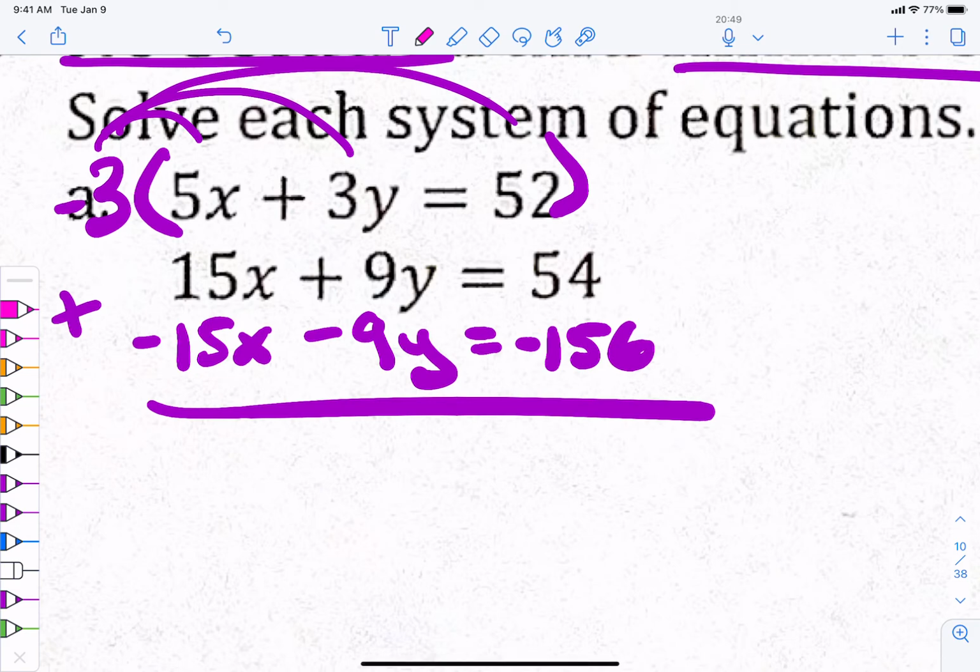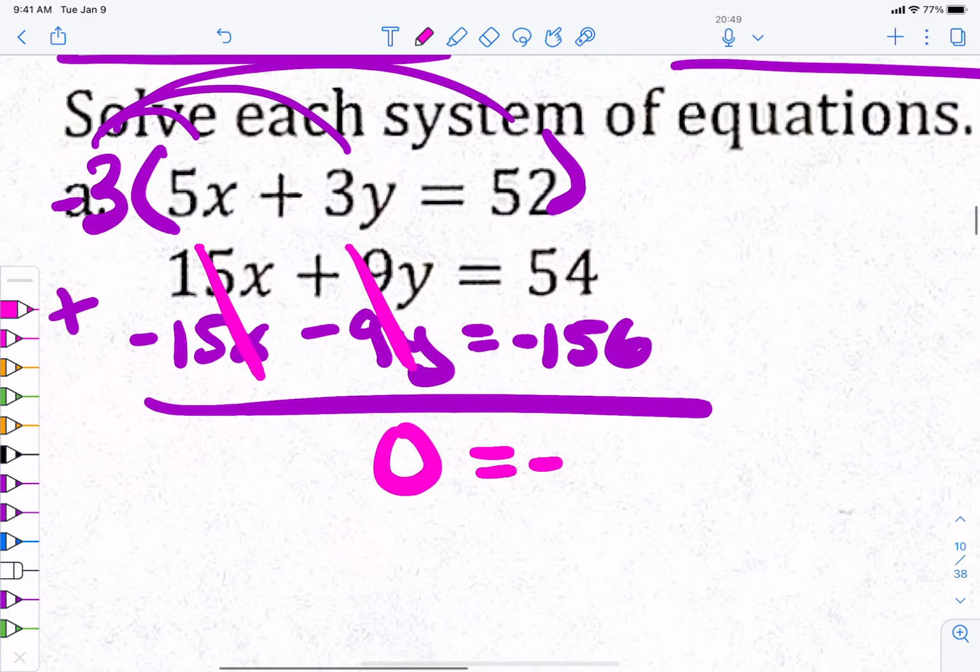Okay? All right. Now, this is where weird things happen, right? And it's totally legal. Weird things can happen. 15x minus 15x goes away. 9y minus 9y goes away. So what's left on the left side? 0. 0 equals, and 54 minus 156 is negative 102.